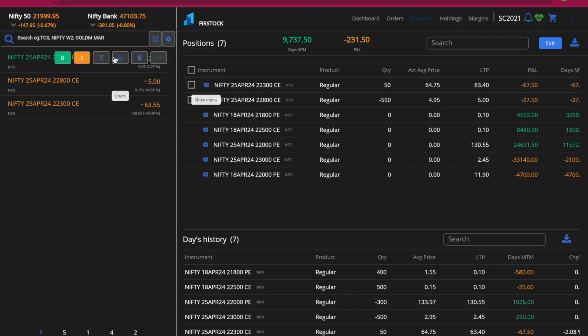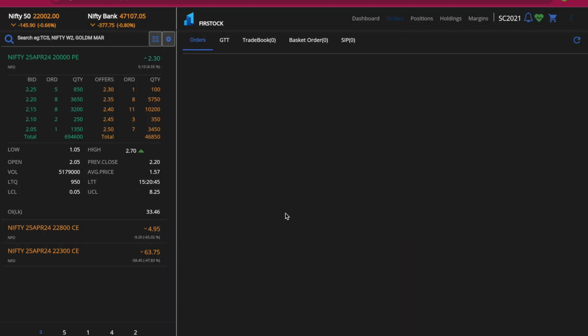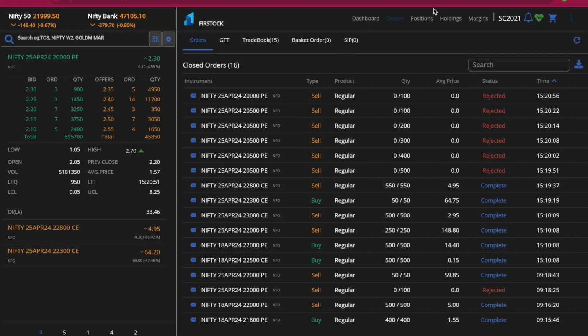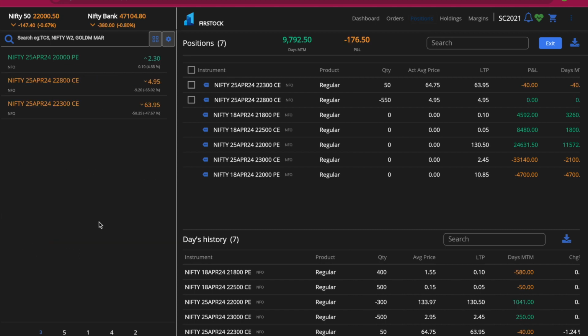That is also at 2 rupees. And if I sell this 100 quantity, that is rejected. Available margin shortfall 16,000. Okay, I think all will be shortfall only. No point of adding this. 20,500 PE, we'll just put it in the radar.